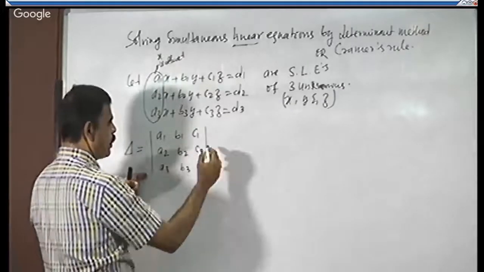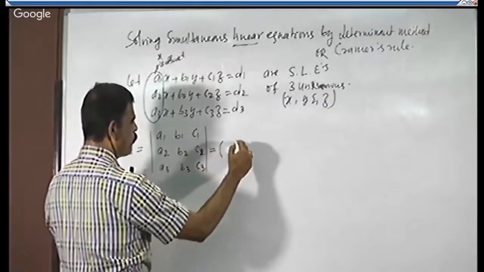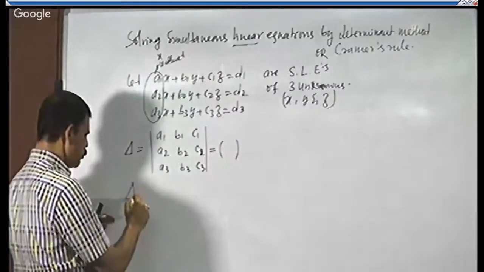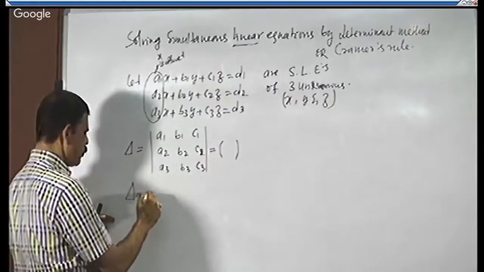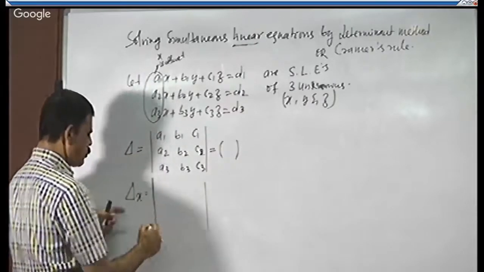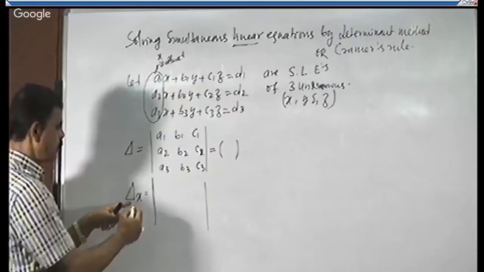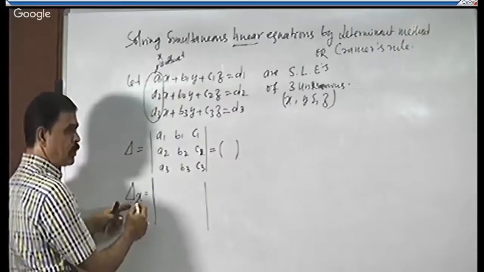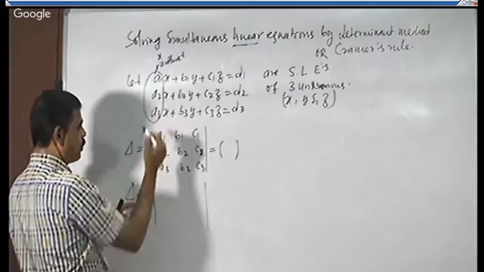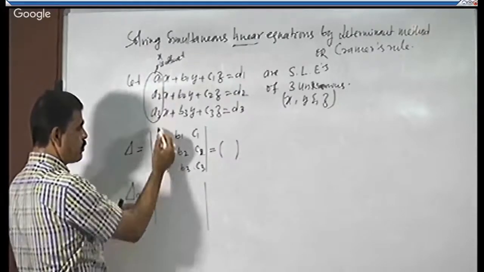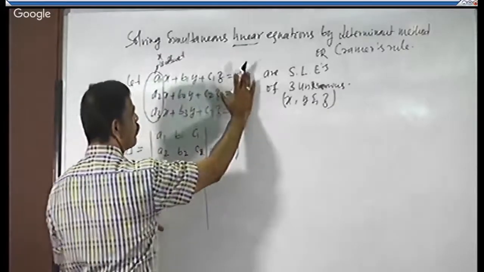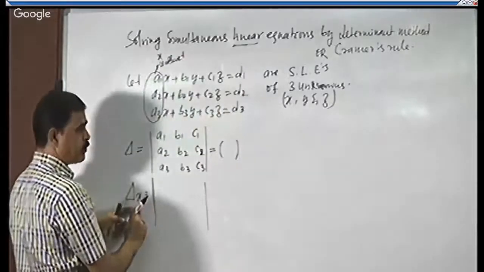It is a coefficients matrix. If it is expanded, definitely you will get some value. Then delta x, determinant of first unknown coefficients should be replaced by constants. Delta x, sometimes it is also called delta 1, which is, what is x? X is a first unknown, whose coefficients which are in the first column, they have to be replaced by constants in delta x, right?